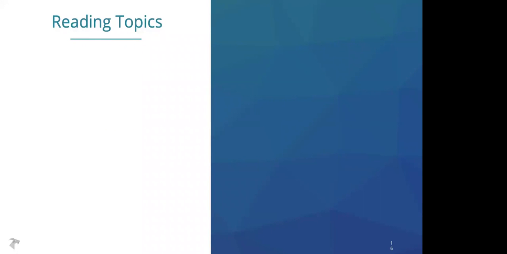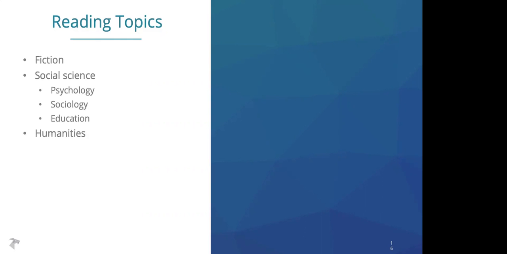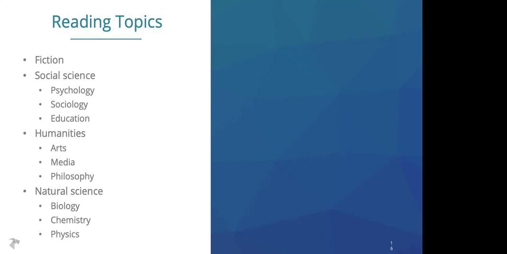The passages tend to be about fiction or literature, social science, such as economics, psychology, or sociology, as well as education, humanities, such as the arts, media, and philosophy, and science, natural science, such as biology, chemistry, and physics.